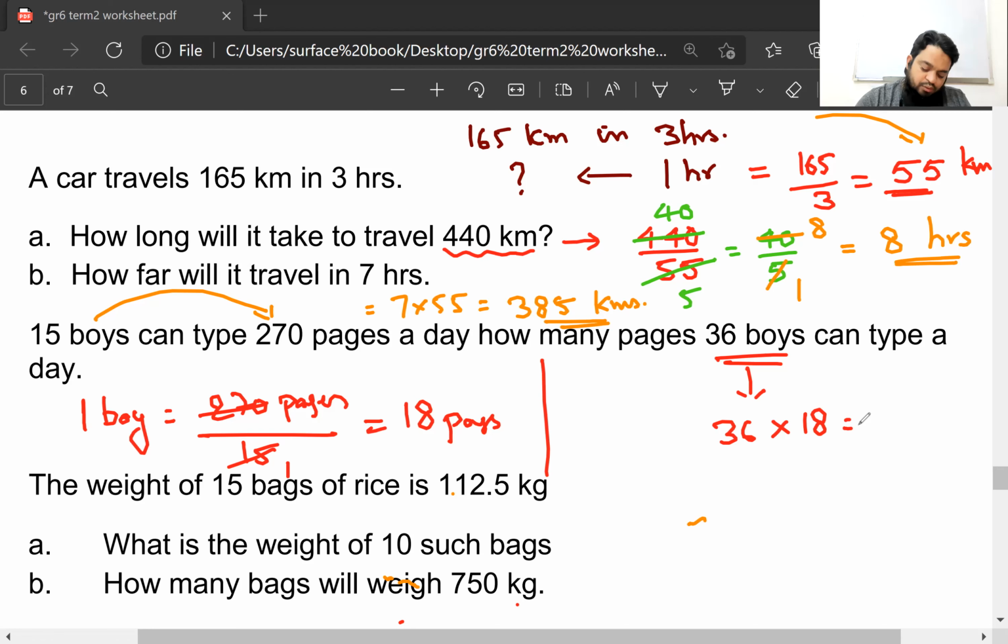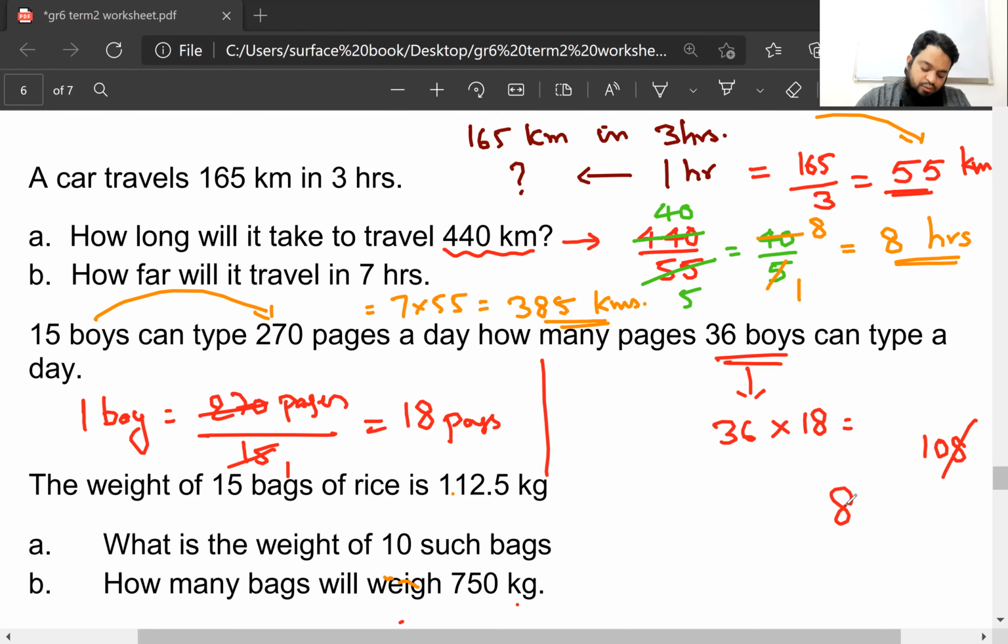yeah, multiply. 8 6s are 48. Let us do the multiplication of 18. 18 table. 18 6s are how much? It is 108, right? So let us write 108 and 8.